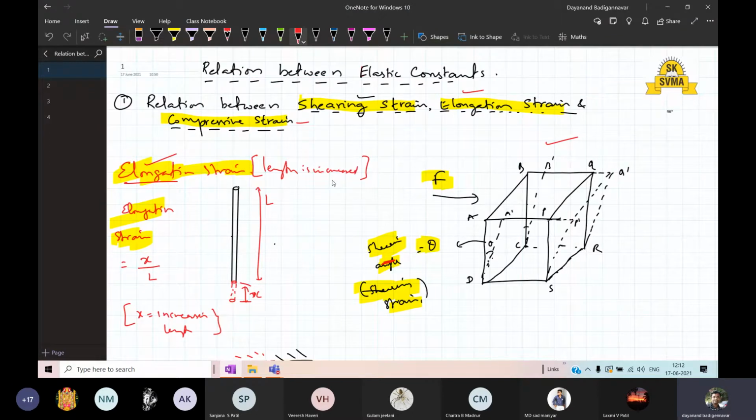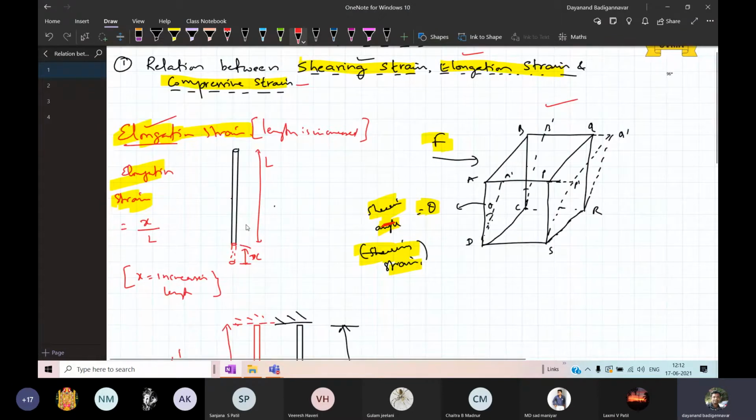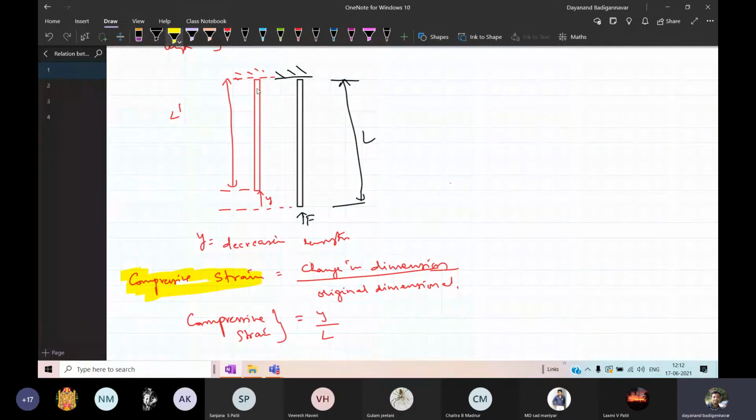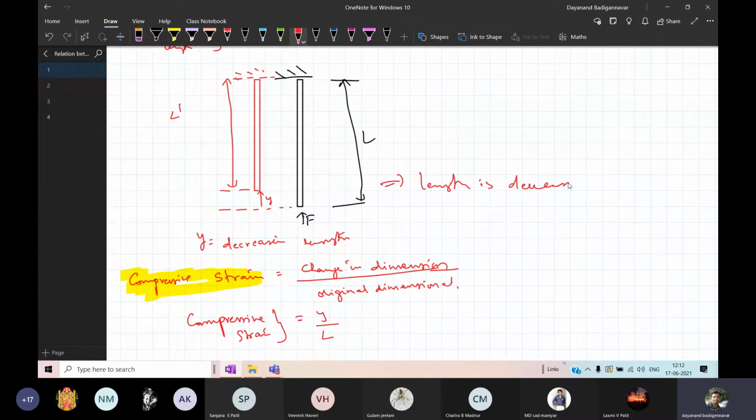Third one is the compressive strain. It is called compressive strain because there is a change in dimension. Here the length is decreasing. Hope you got the point.